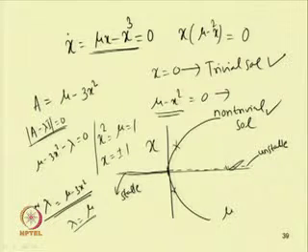If we increase this mu value from this side, we will have a solution along this line and then it may proceed this way or this way. As the trivial branch is unstable, the system will follow the stable branch.